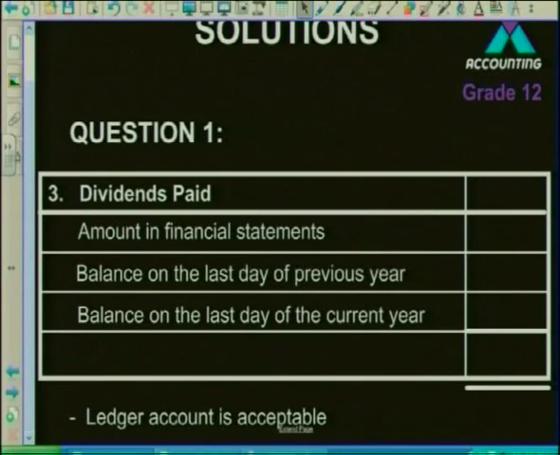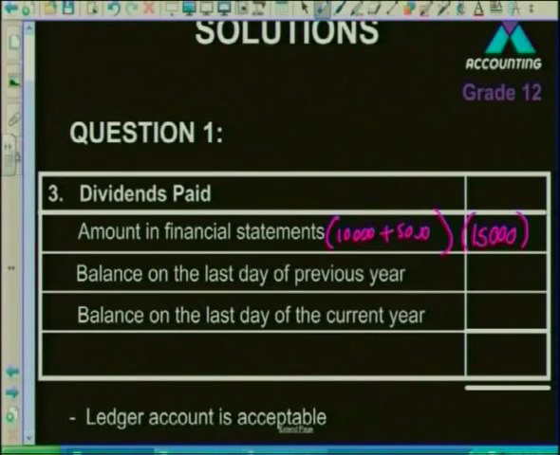Amount in the financial statements, again, show your calculations in brackets. Remember guys, we took the 10,000 and we added the 5,000, and that is how we got this amount of 15,000. Right, now because this amount is obviously going to be paid to your shareholders, it represents an outflow of cash and it must be shown in brackets.